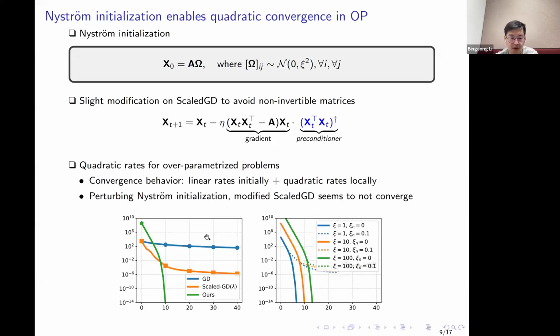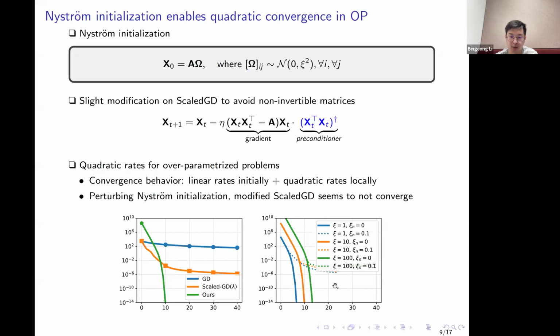And in terms of theory, we can show that this modified scaled gradient descent converges linearly in the initial phase. As you can see in the left figure, in the beginning, I'm converging linearly. And then after some iterations, it will get a quadratic rate similar to the exact parameterized case. And the second figure is conveying the same message.